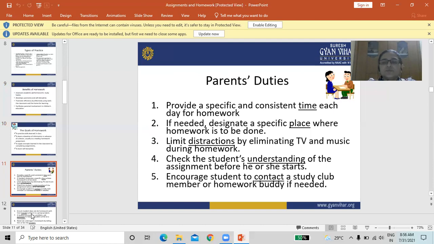So the student will do their homework in a systematic manner, with all resources available in the designated specific place.